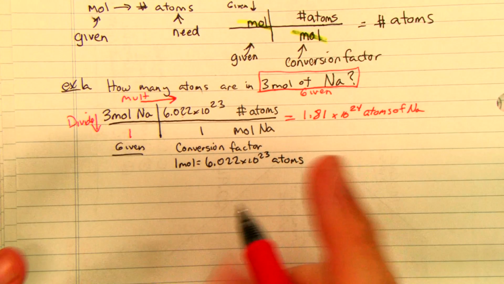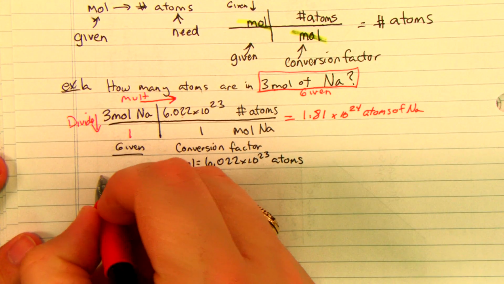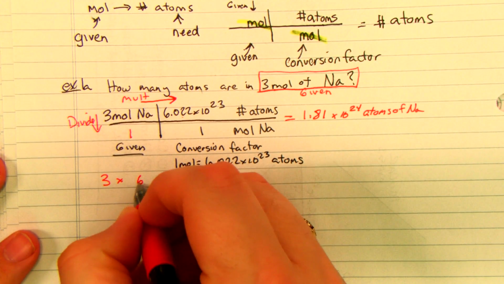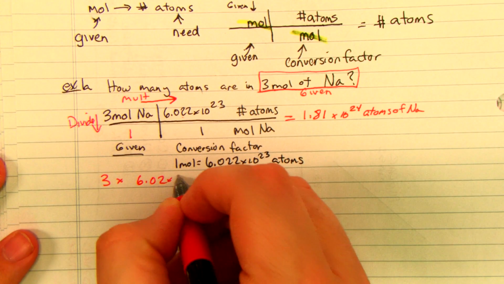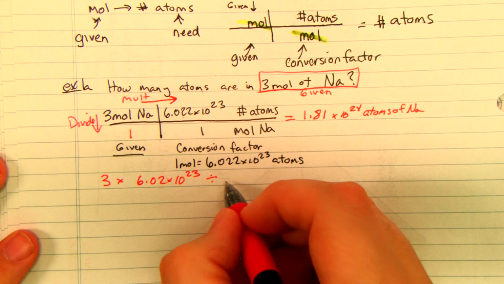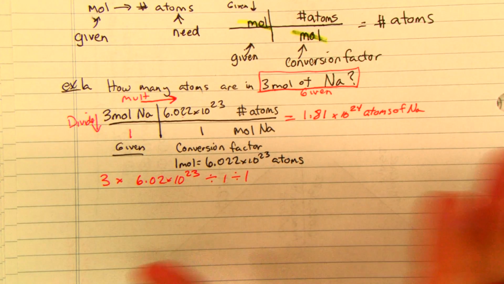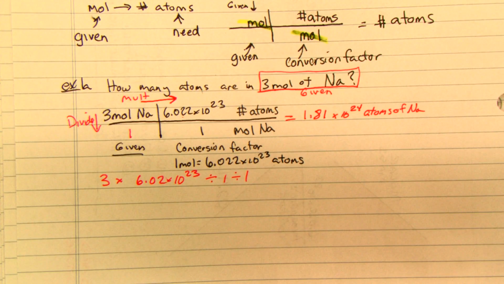For a scientific calculator, it'd be 3 times 6.02 times 10 to the 23rd. Then we divide by that 1, and then you divide by another 1. And I'd put the 2 dividing by 1s, even though we would never actually do that in a calculator because that's a futile exercise. If the numbers are different, we're going to have to divide by them.